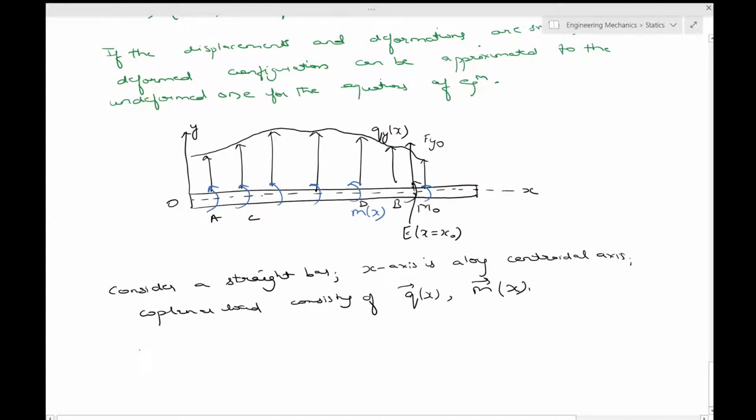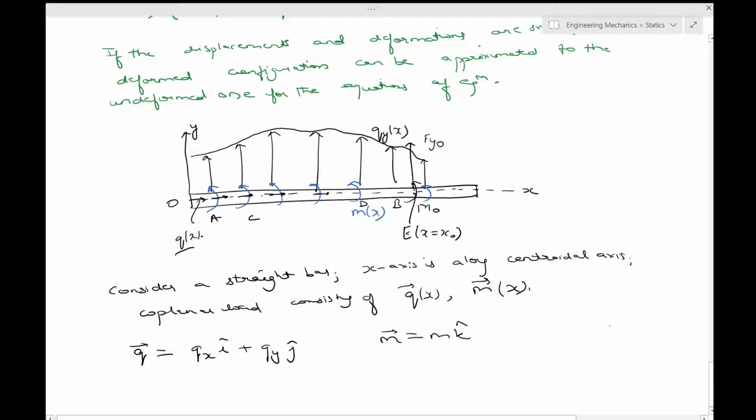Now Q can be written as Q_x i hat plus Q_y j hat, and M over here will very clearly be M k hat.